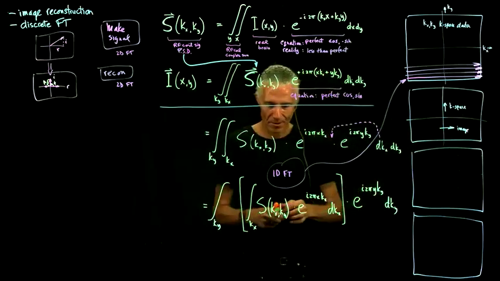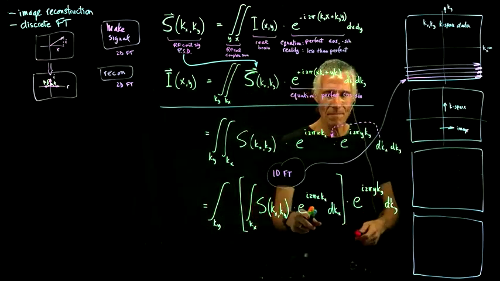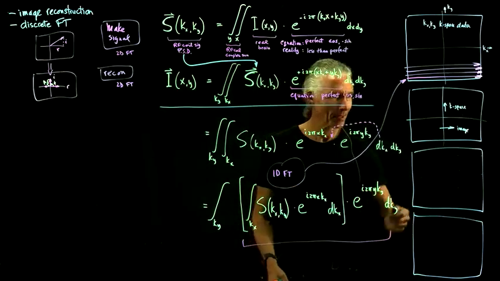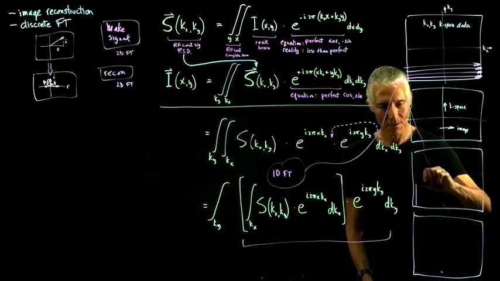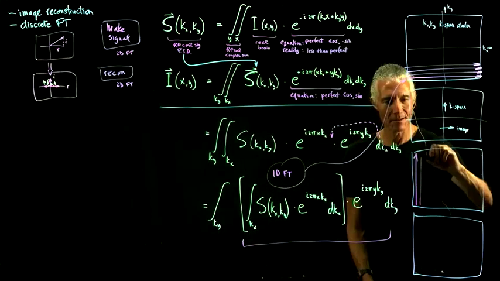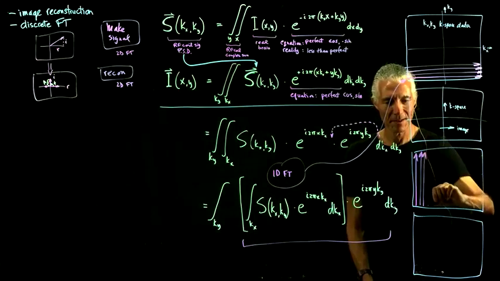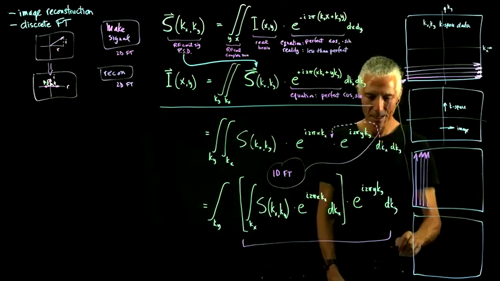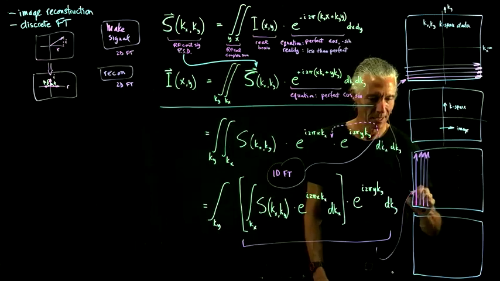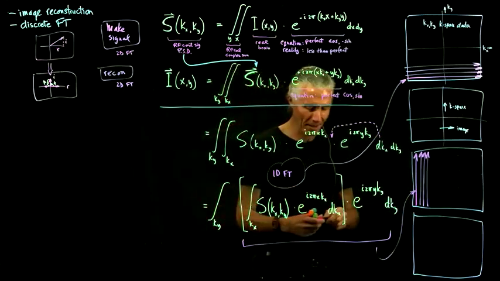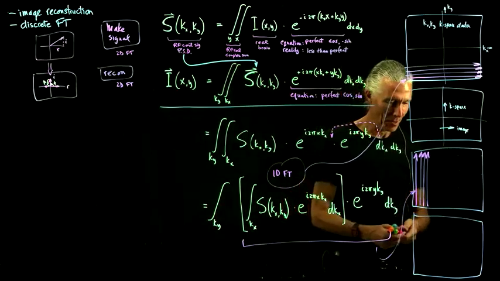Then all you do is this second Fourier transform. Take that data, which is sort of half k-space and half image, and Fourier transform it again, line by line. And then you end up with a brain.